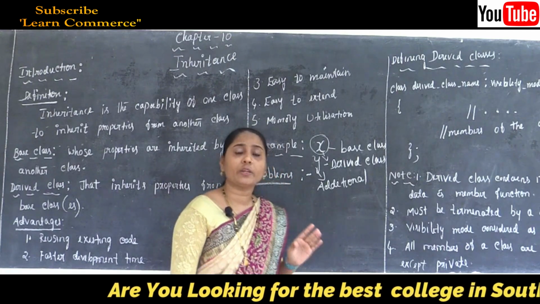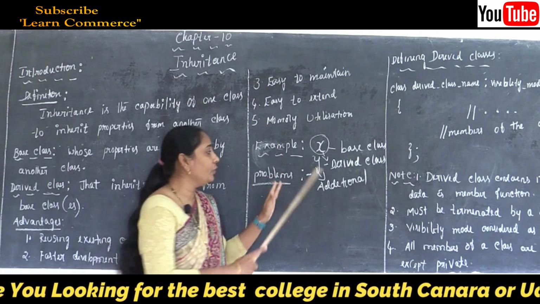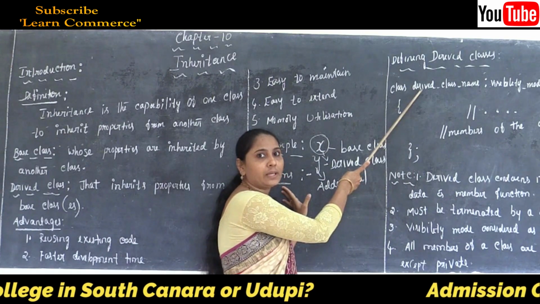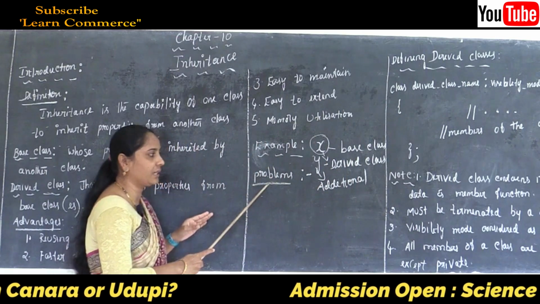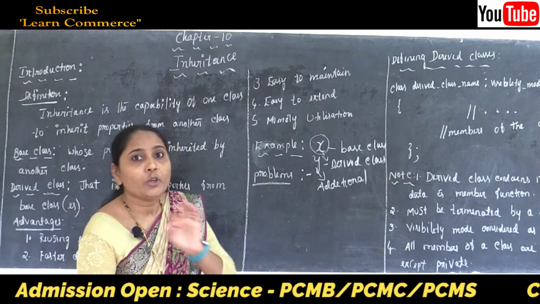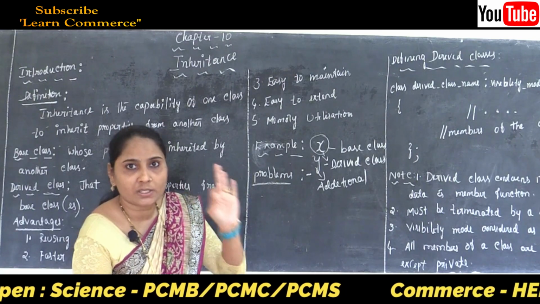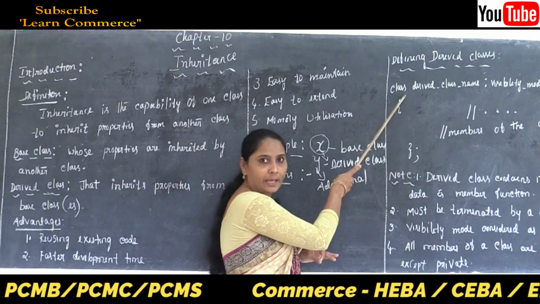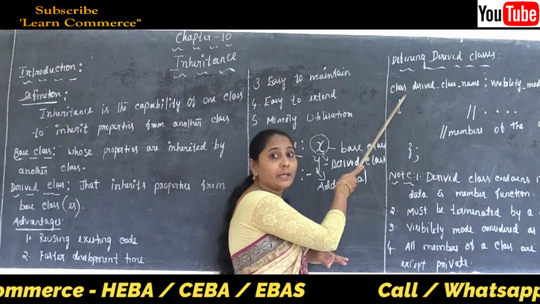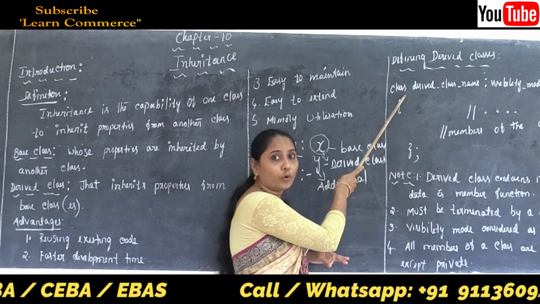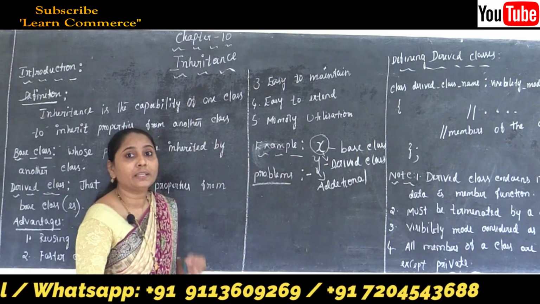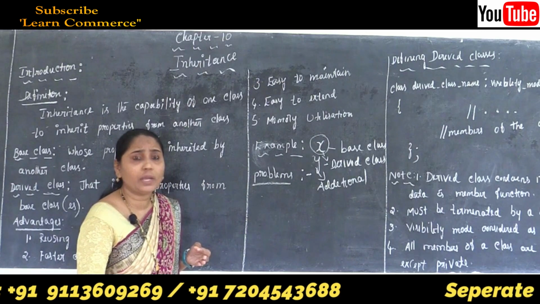So suppose you are using the direct option without using the syntax of inheritance, it will create some problems. Clear this point here? When you are not using the syntax of inheritance and you use the direct method to share the code of class X with Y, it creates some problems.